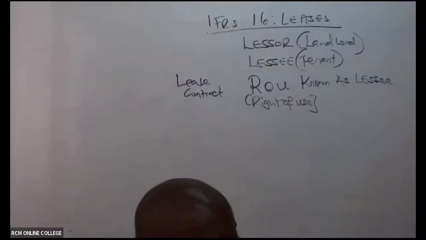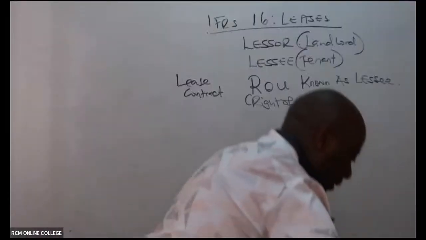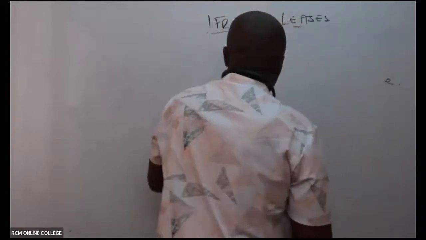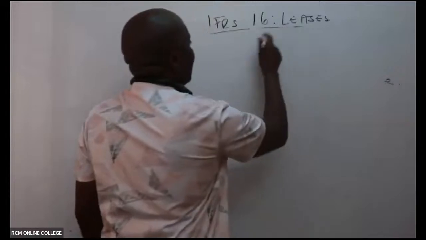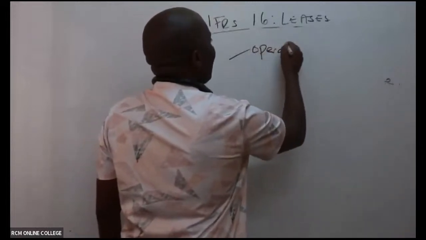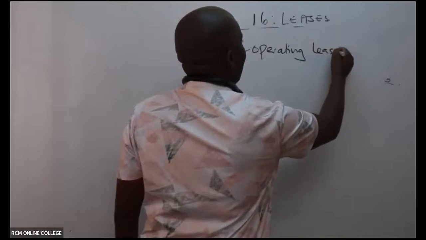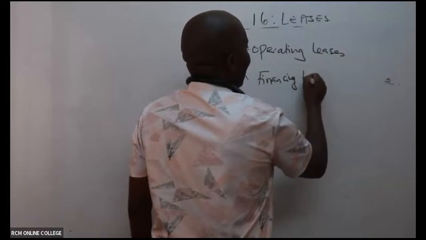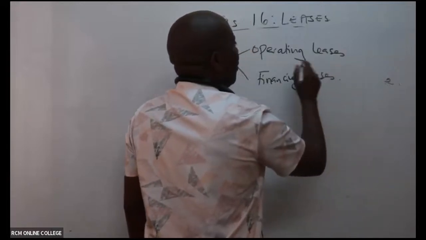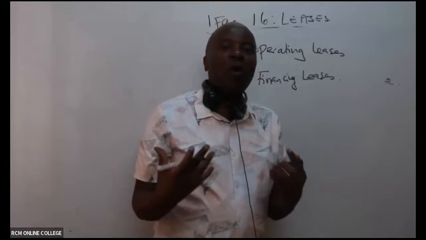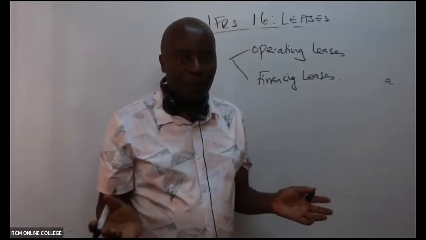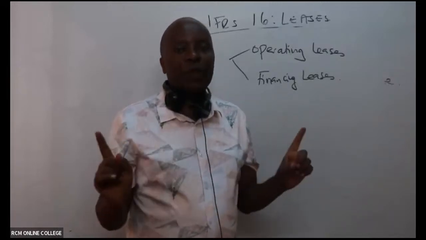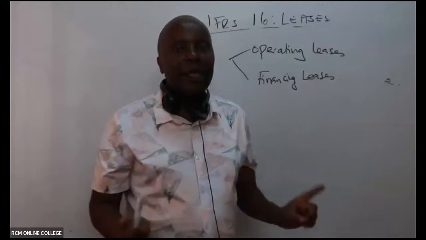Remember, the old lease standard used to classify leases as operating leases or finance leases. Operating leases were those they were calling short-term, and because they were short-term, they were not included in the balance sheet. They were expensed in the income statement.